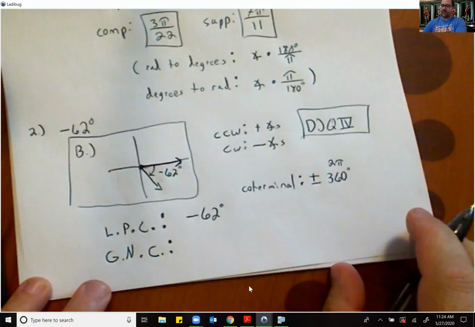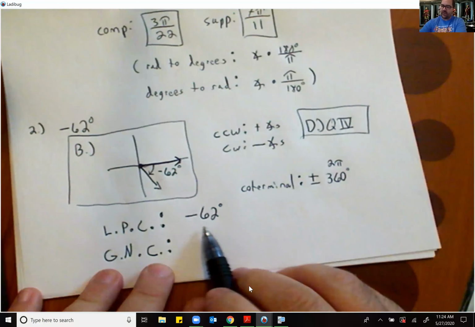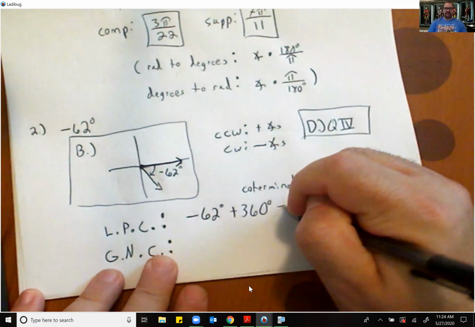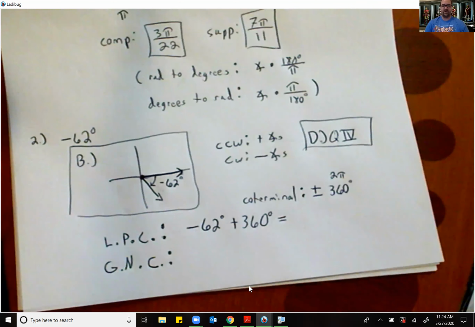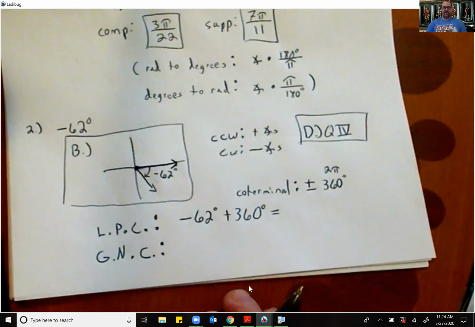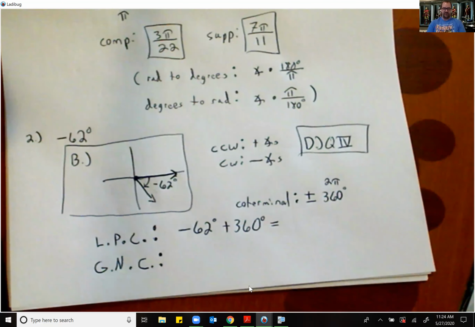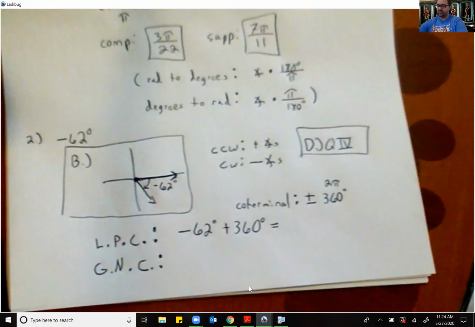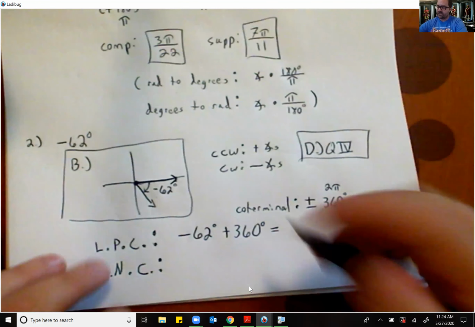Since we're in degrees, all we're going to do is add 360 degrees until we are positive. So you just go to your handy dandy calculator. You take negative 62 plus 360, and you get 298 degrees.